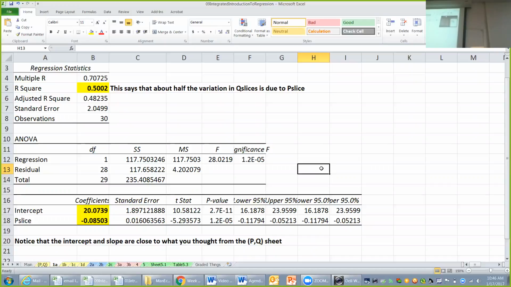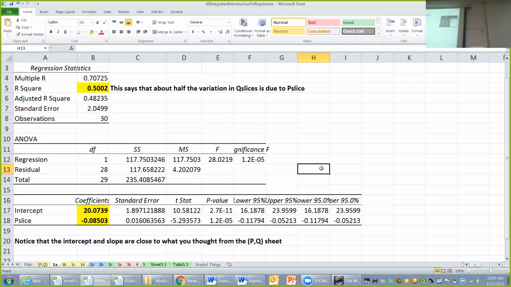Long story short, if this number is bigger than 2 in absolute value, so -2, 2, doesn't matter. If this number is bigger than 2, then it is statistically significant. In other words, this number is a good number. It's significantly different from 0. In other words, price of slices matters, and that is what we're trying to do with significance. And furthermore, this coefficient of 0.085 does convey some meaningful information.